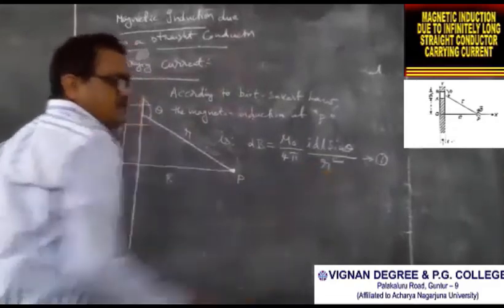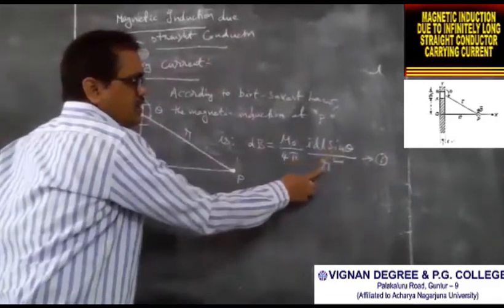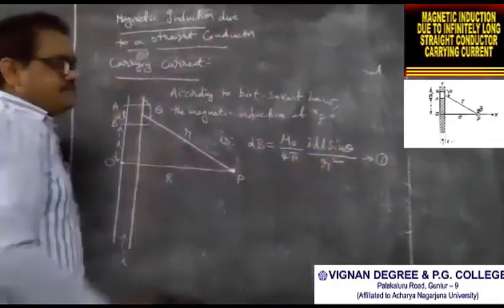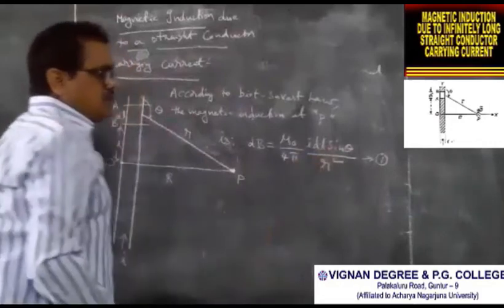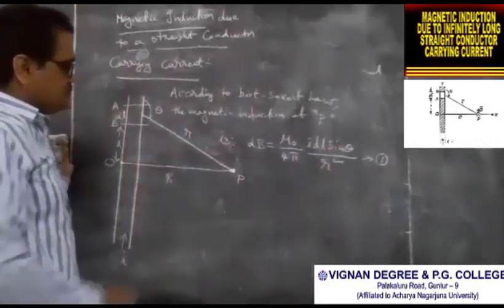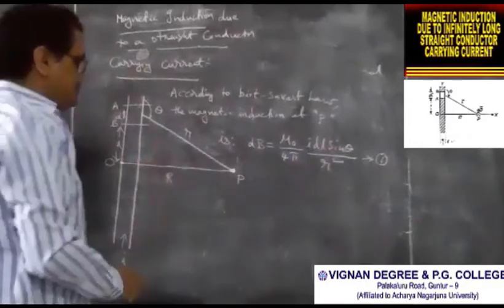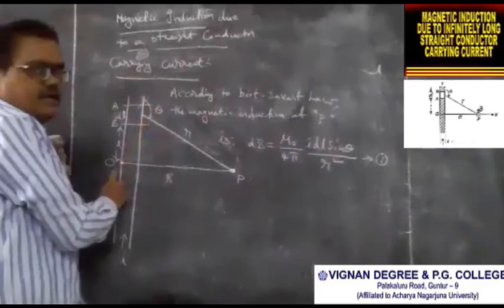In this equation, we have to find sin theta and r square from diagram. In diagram, this is angle theta.